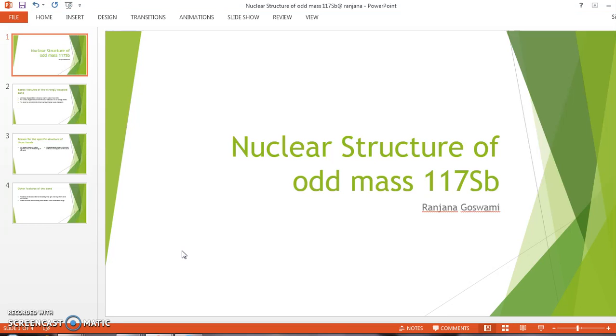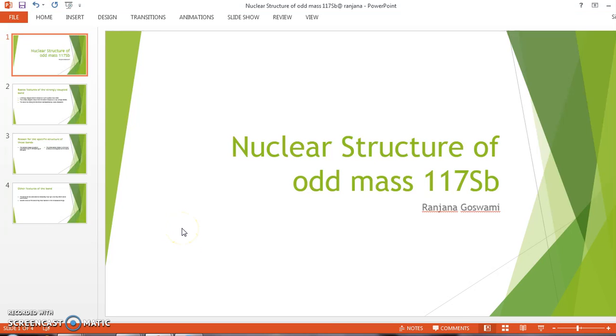So this nucleus lies in a transitional region, and as you know from my previous video slide, these nuclei have their own specific properties.